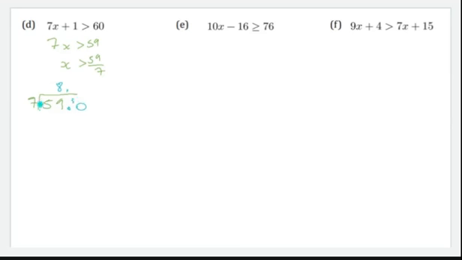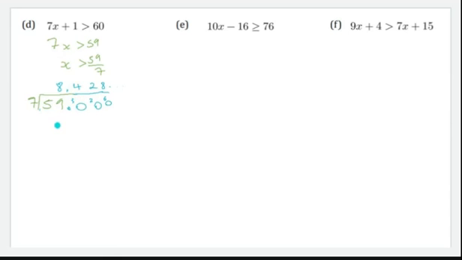No problem. 7 into 30 goes in 4 times, remainder 2. And then 7 into 20 goes in twice, remainder 6. 7 into 60 goes in 8 times, and so on. So it's 8 and a bit.